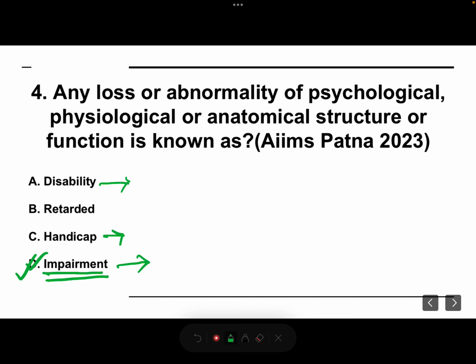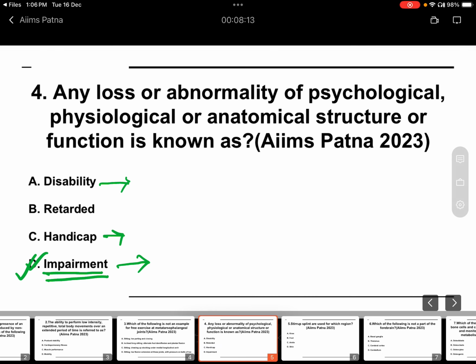In my previous videos, I have already discussed what is disability, what is impairment, and what is handicap. Actually, impairment is a loss or abnormality of a body structure or physiological or psychological function. Example, missing a limb, vision loss, cognitive deficit, etc. Disability is a restriction or lack of ability to perform an activity in a way or range considered normal, resulting from an impairment.